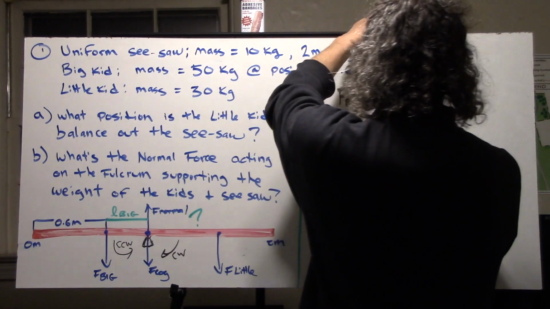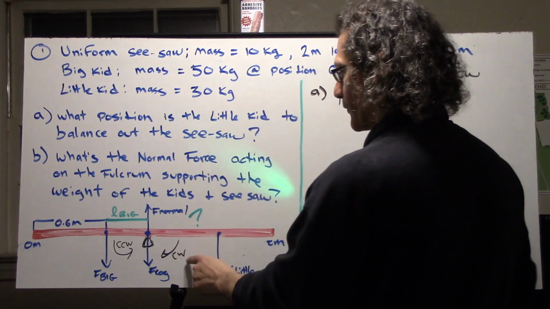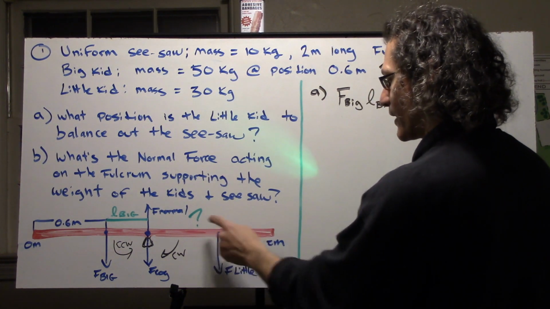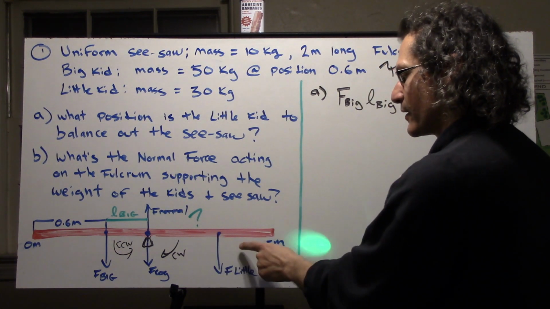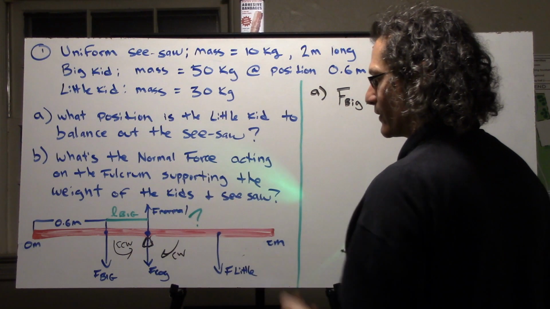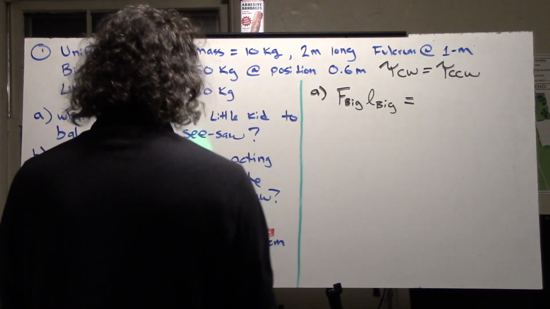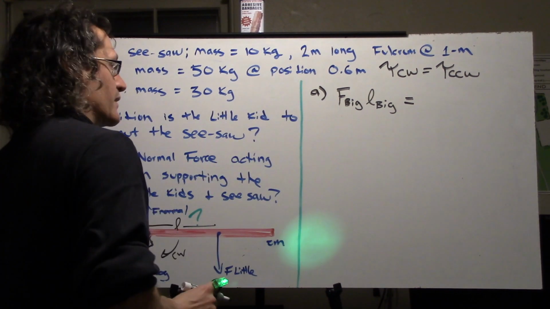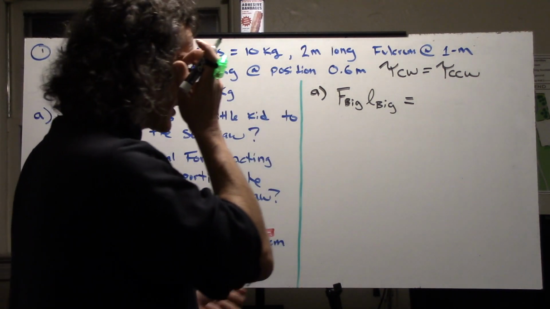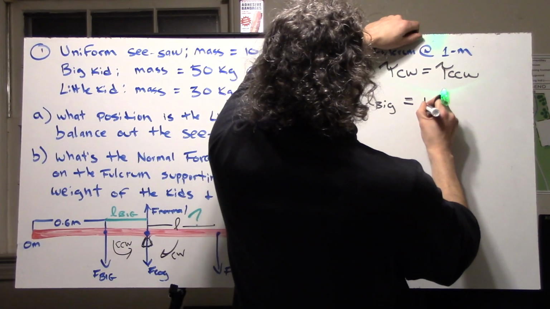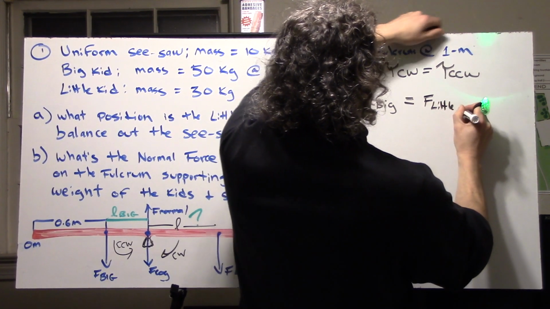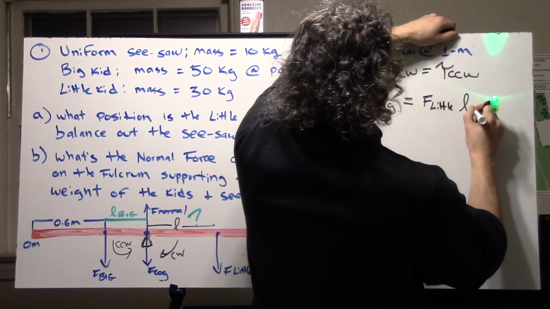And that equals the torque clockwise, created by the force of the little guy times his or her lever arm. We have this L over here that we're trying to solve for. So we have force little times lever arm little.